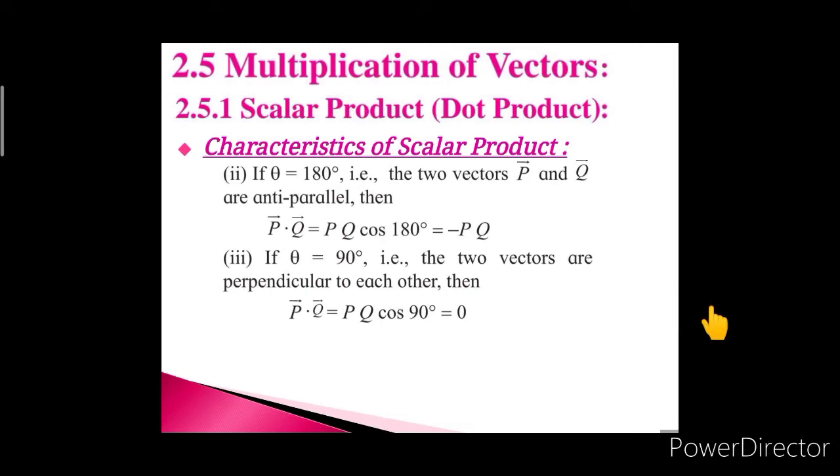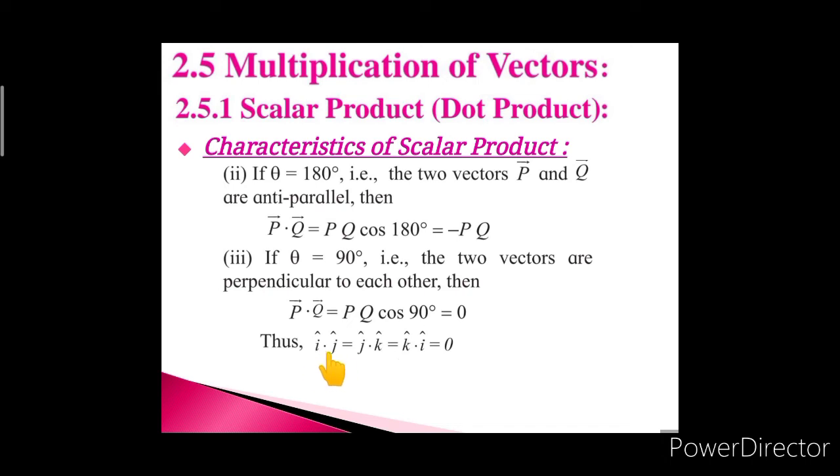And as we know, i cap, j cap and k cap are the unit vectors along the x, y and z axes respectively, and these axes are mutually perpendicular to each other. So, when we multiply unit vector i with unit vector j, unit vector i is along the x axis and j is along the y axis, and the x and y axes are perpendicular to each other.